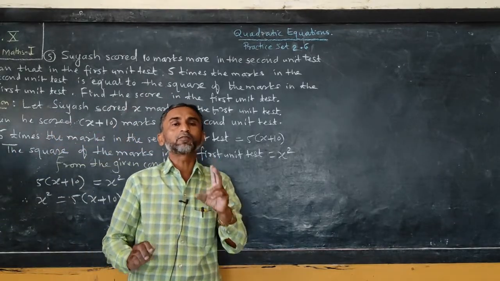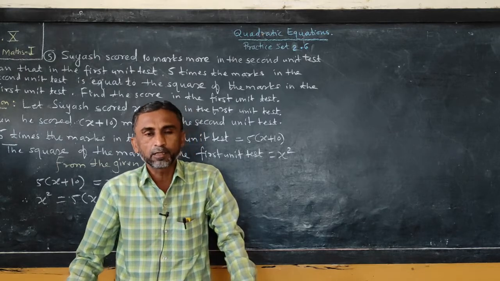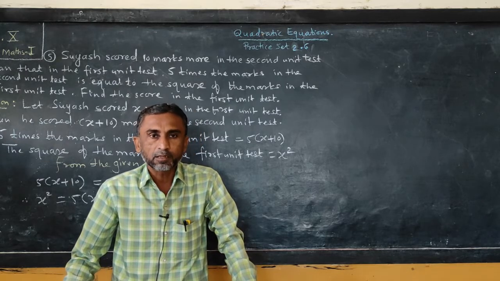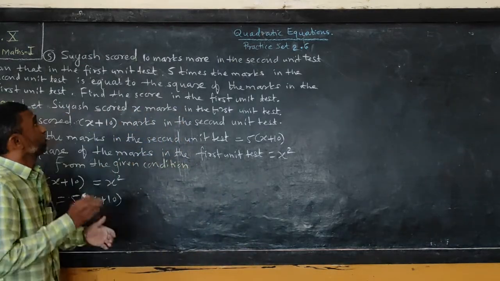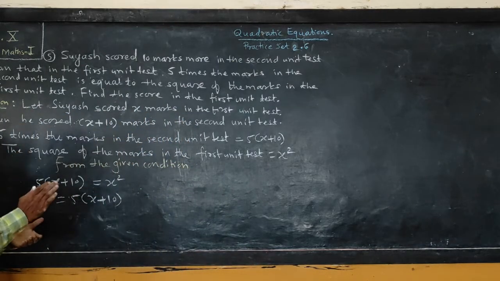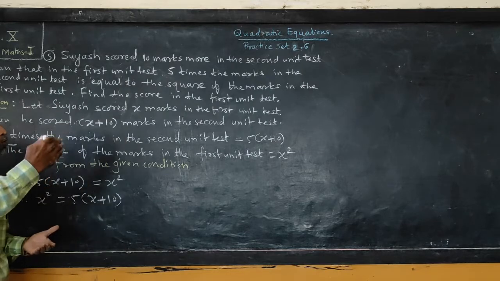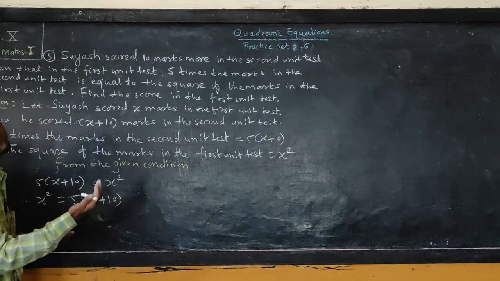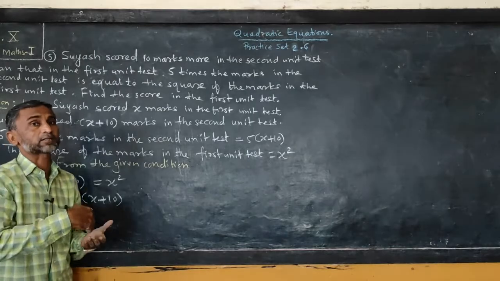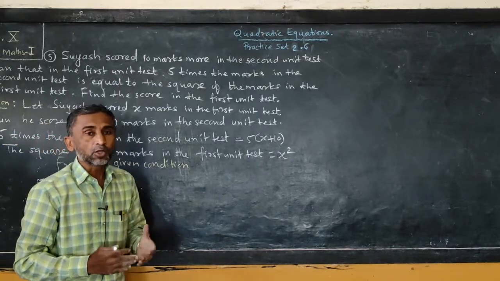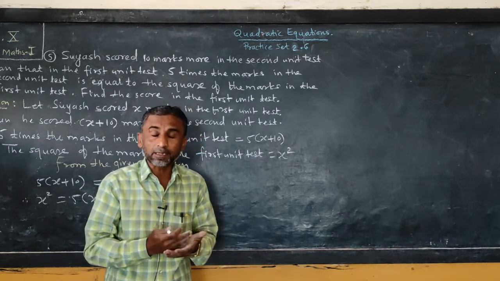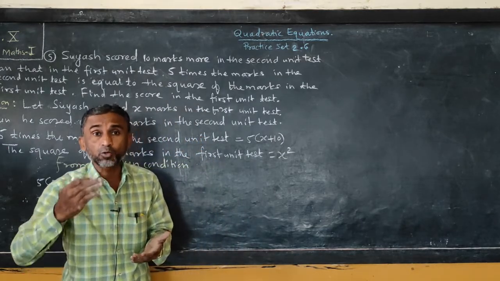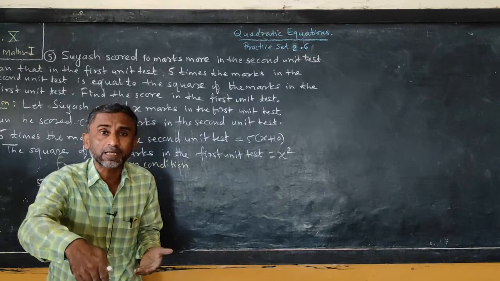Two important pieces of information are given in the example. First, you can consider the first information. What is the first information? Suyash scored 10 marks more in the second unit test than in the first unit test. So consider the marks scored by Suyash in the first unit test.